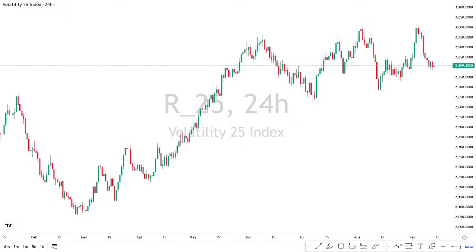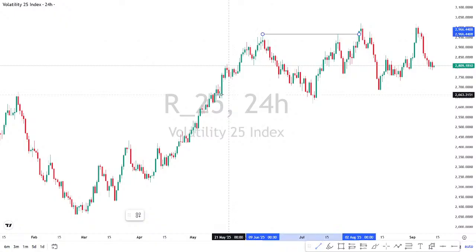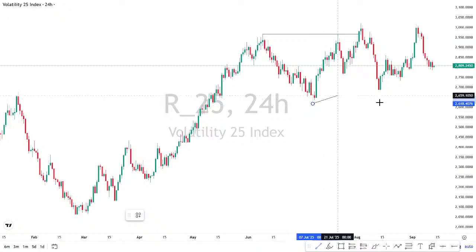Where is our last break of structure on the 24 hours time frame? So our last break of structure is obviously to the upside. Since this is our last break of structure, automatically we are not expecting market to come back and take this low.